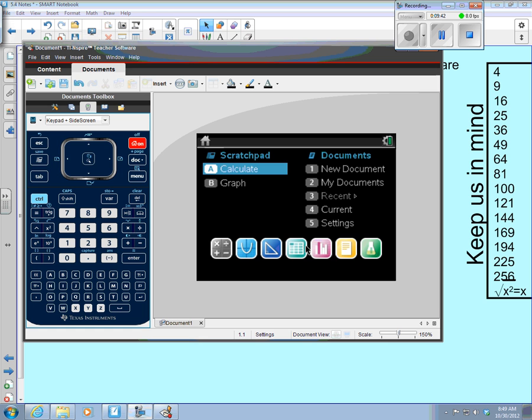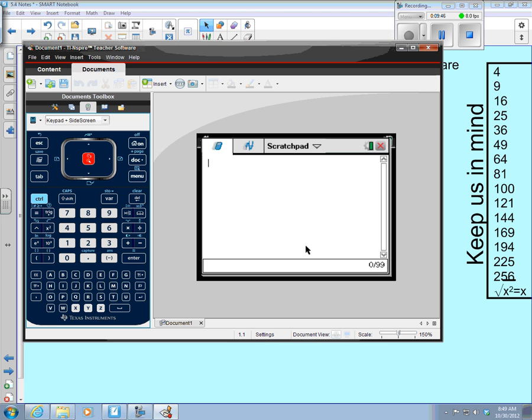Okay, so I'm going to pull up the graphing calculator here. We're going to go to calculate. We're going to hit square root of 50, and hit enter, and you get 7.07.